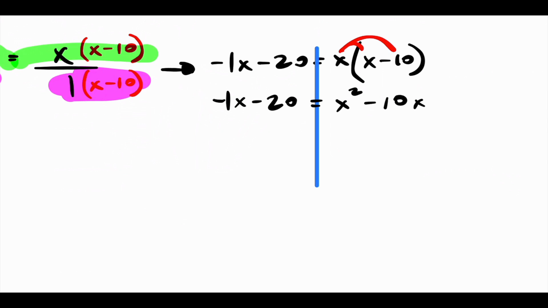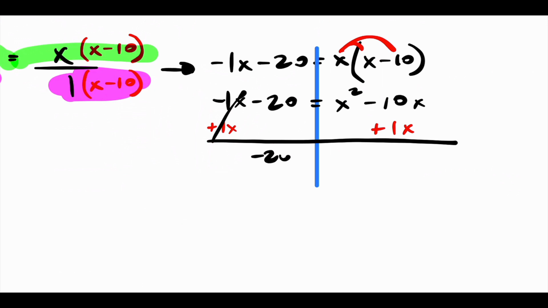So it's either going to be a binomial or a trinomial. So our first step is always going to be set it equal to 0. So let's set it equal to 0. So I'm going to add 1x to both sides. I get negative 9x, and then I'm going to add 20 to both sides.